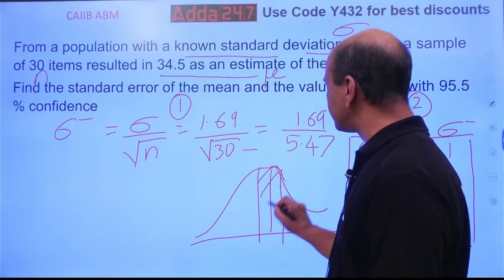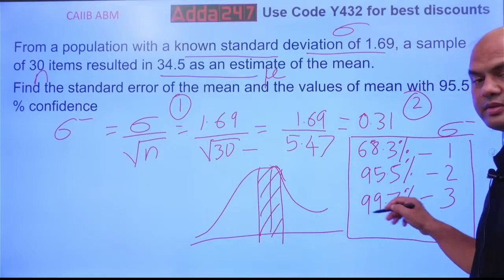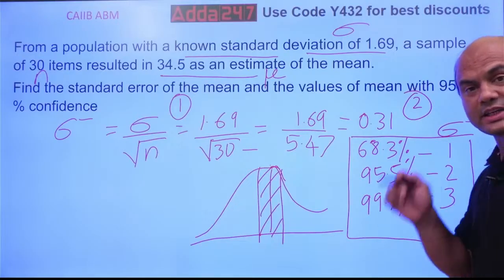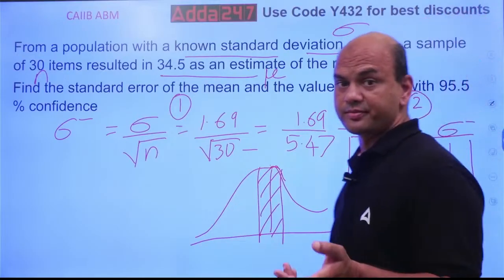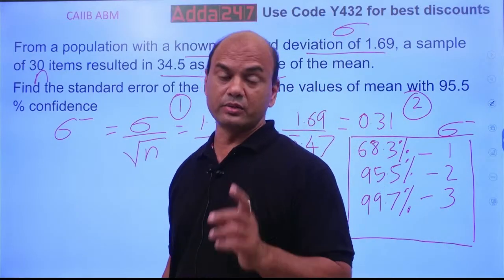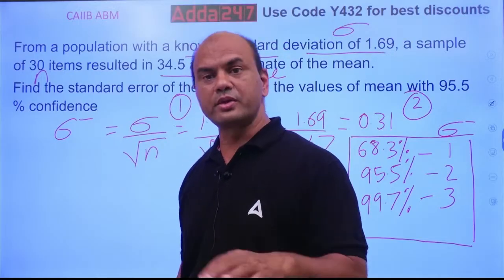The more standard error you have, kindly note, the higher the confidence level, and you have less accuracy. It's reverse. The more confidence level, the less accuracy. The less confidence level, the more accuracy.